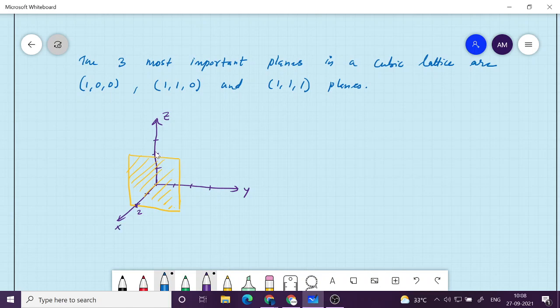So this is your x-axis, it is cutting only the x-axis, and the y-axis and z-axis it is parallel to, so you can say the y-intercept is at infinity.